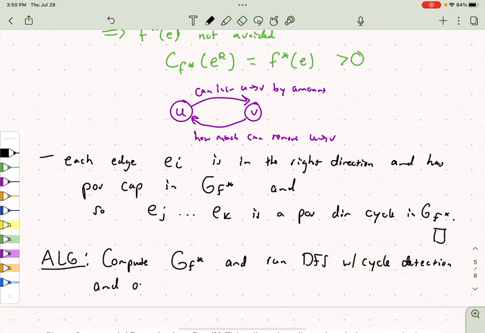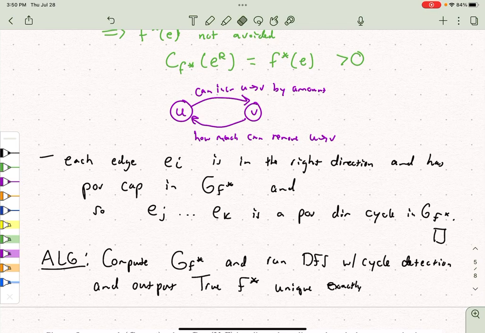And output true, it's unique, exactly when, or only when, no cycles are found.